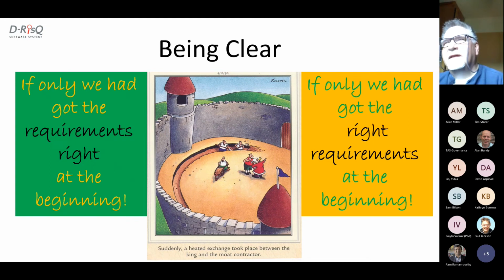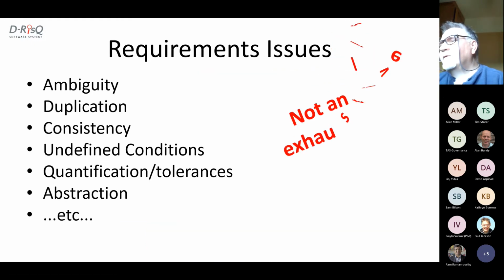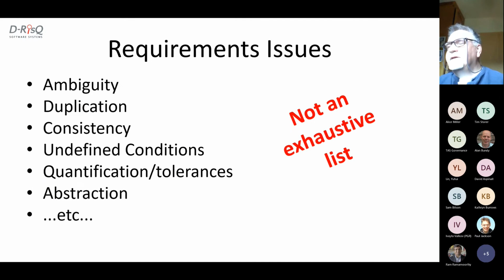However you phrase it, whatever the aspect, a lot of problems can be traced back to requirements, although occasionally there are coding errors. Requirements issues, well, you have ambiguity, duplication, consistency, undefined conditions, etc. It's not an exhaustive list, but I'm well aware of the sort of issues that come up in requirements definition.